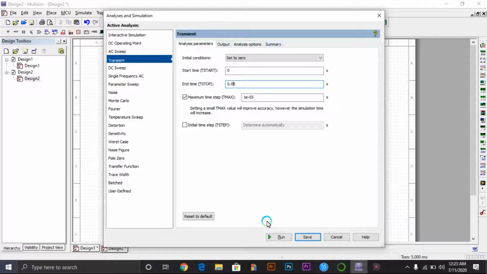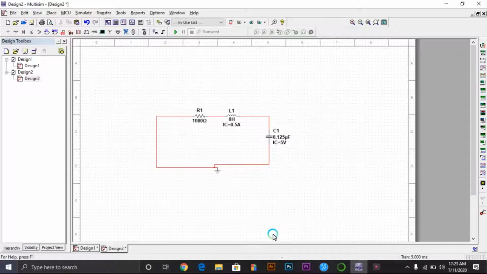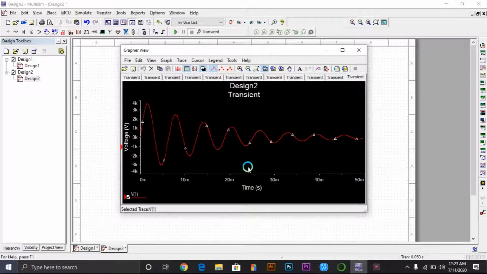I'm changing the time limit so I can see the graph clearly for underdamped condition.